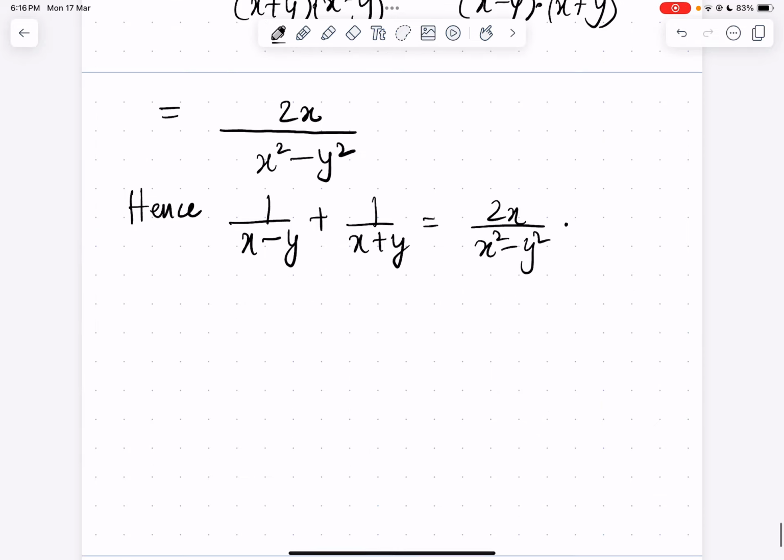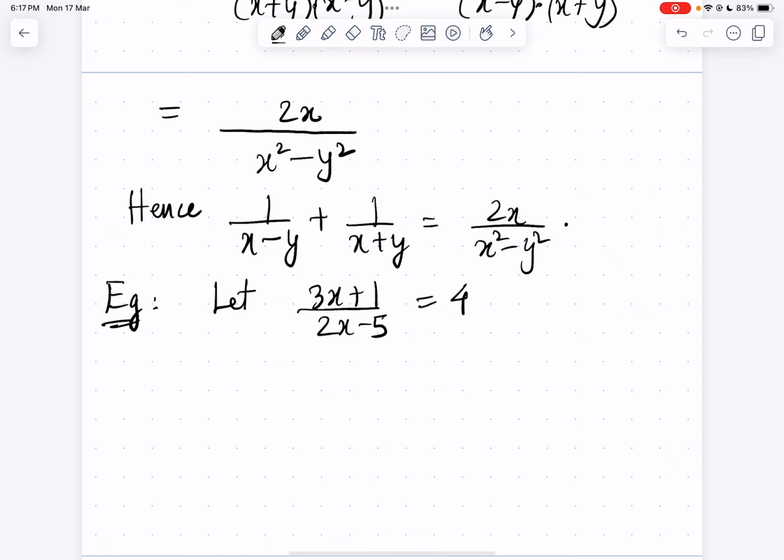So another simple example. Let 3x plus 1 by 2x minus 5 equals 4 for some rational x. Now what is x?